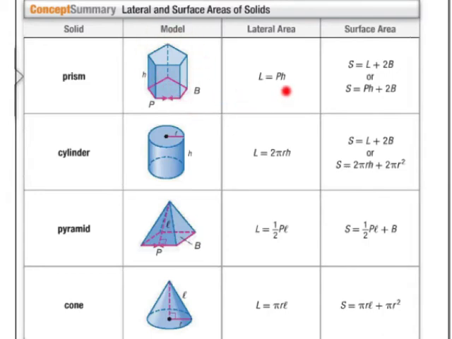So usually to do that, you would just add up the perimeter, all the sides, times the height. So pretty easy there for a prism. For lateral surface area of a cylinder, you're going to say pi times the radius, notice it's not squared, times the height, times 2. And then here's pyramid and cone.